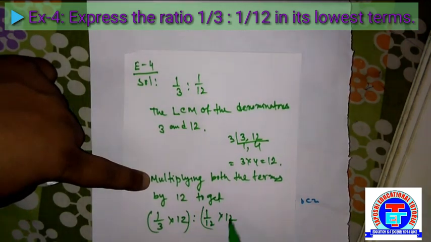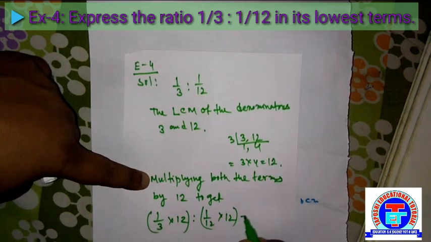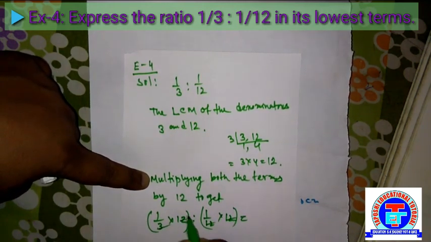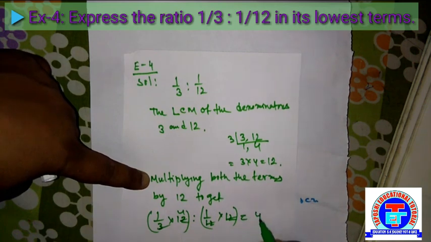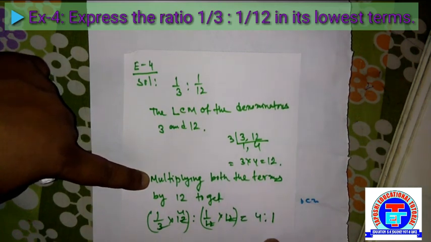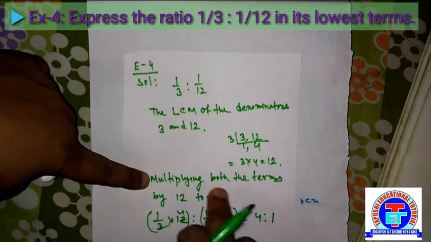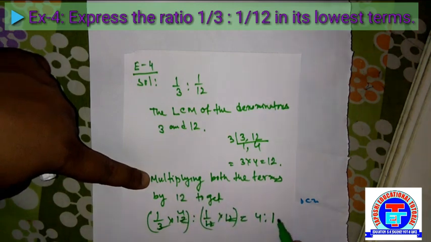So we take the bracket first. So this will come 4 is to 1. This is the lowest term of the given ratio, right?